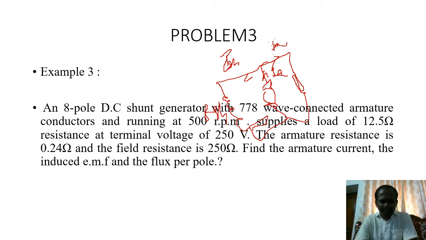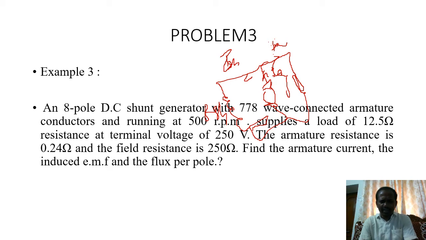So here the number of poles is 8. Total number of conductors is 778. Machine is rotated at 500 rpm. Terminal voltage is 250 volts. These are the two terminals. This V is the terminal voltage, 250 volt. Armature resistance is very small, 0.24 ohm.